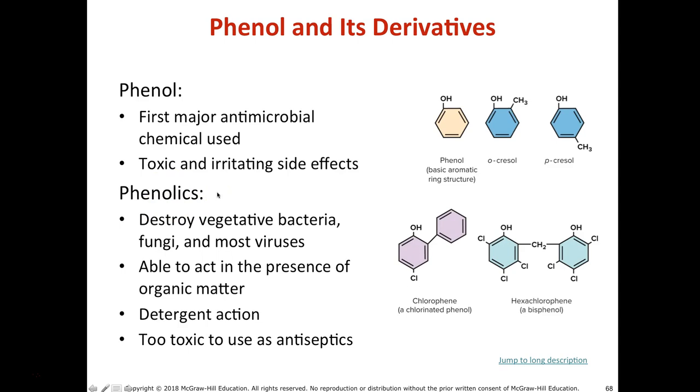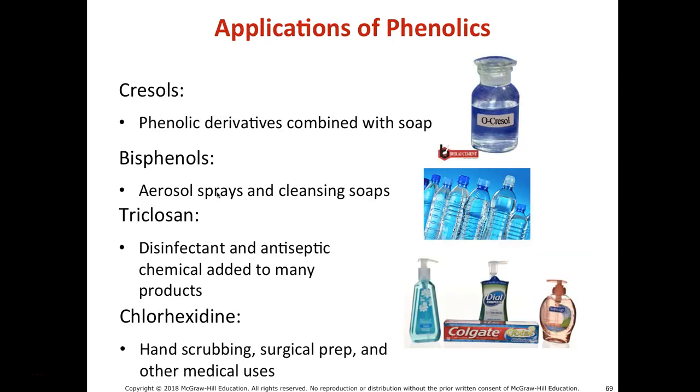They're going to destroy vegetative bacteria, fungi, and most viruses. So it's more of a disinfectant rather than sterilization at that point. It's able to act in the presence of organic matter and has this detergent type of action, but it is too toxic to use as antiseptics.